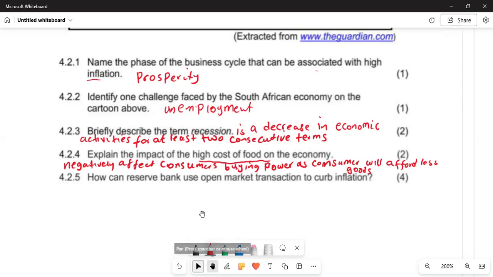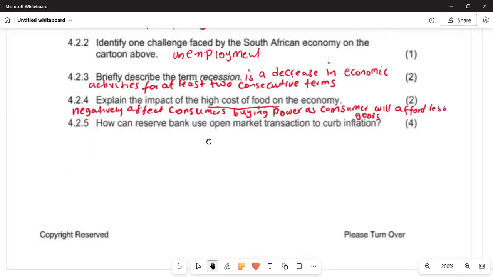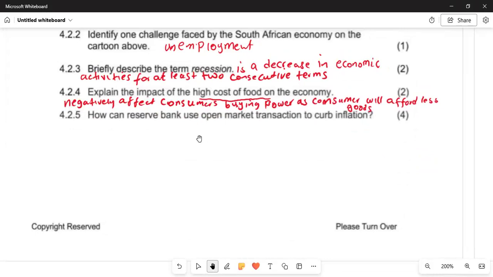4.25. How can the Reserve Bank use open market transactions to curb inflation?